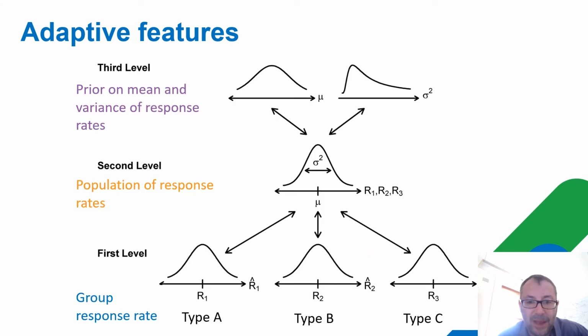The way that works is using what's called a hierarchical Bayesian model. What this hierarchical model does is it says that we want to learn about the treatment response in these three different types of patients, type A, type B, and type C. But the treatment responses in these different types of patients are different.